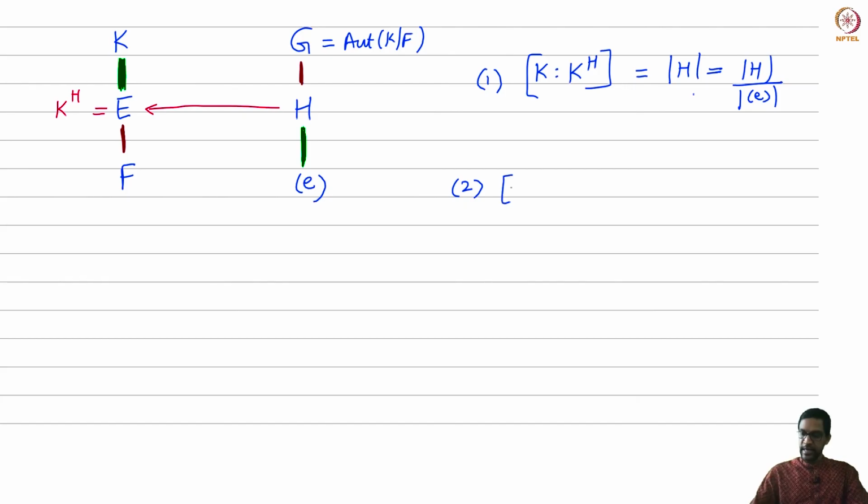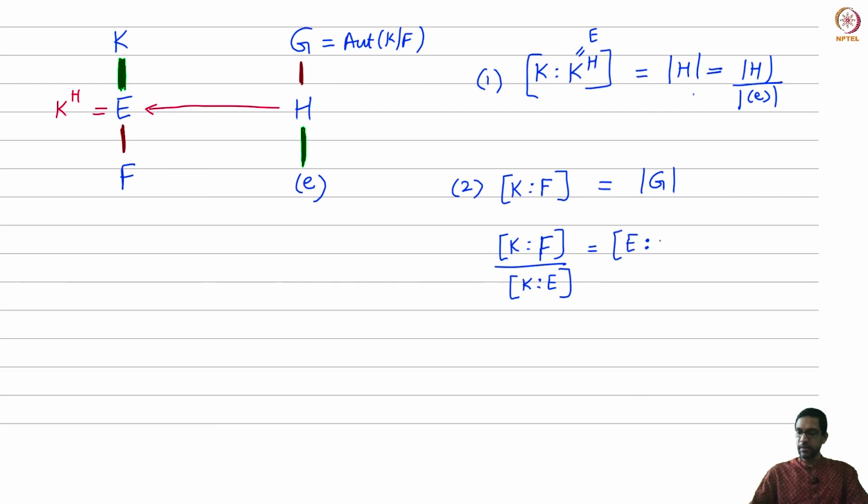Now observe that KF similarly is the cardinality of the group G. If you divide this one equation by the other, that's going to give you KF by KE, where this is my E in my figure. Because when you have a tower, the degrees just multiply.